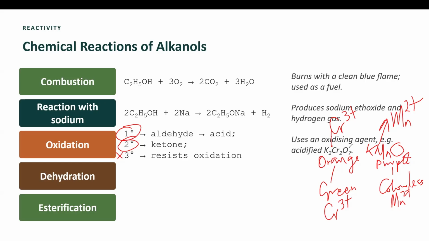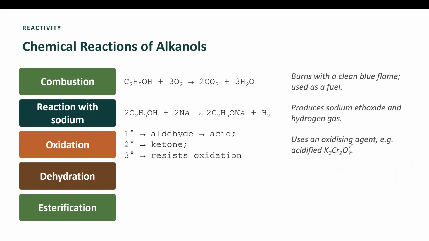Okay. So let us clear from here. Then we have explained oxidation. Please remember, we said tertiary alkanols do not get oxidized. You must remember that. Then dehydration. What does dehydration mean? Dehydration means removal of water.